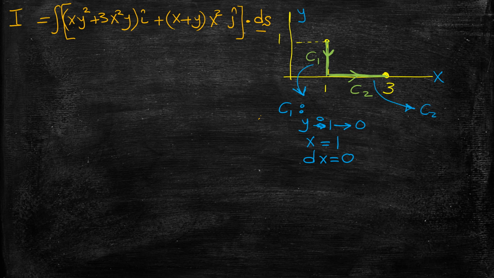For C2, I have just a change in x, so x takes values between 1 and 3, given that y has no change at all, so y is equal to 0, it just lies on the x-axis, and dy correspondingly is 0.